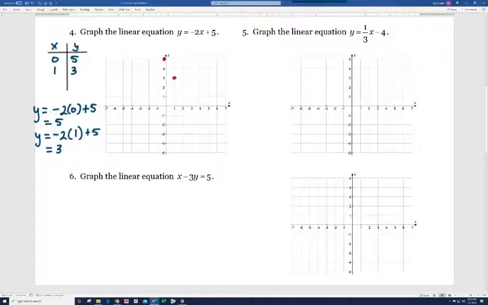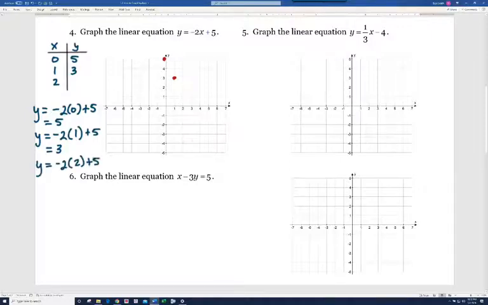And then we normally find 3 points. Notice 2 points are enough to draw the line. So why do you think we find a third? Well, you may have guessed it's because it's a check. If your next point is here, you know something's wrong because you're expecting the graph of a line. So let's find one more point. So let's go with 2 for x.